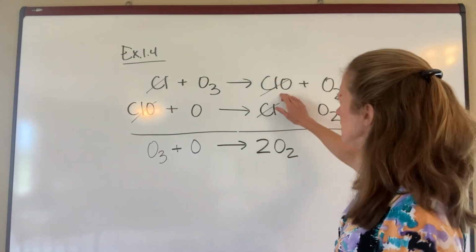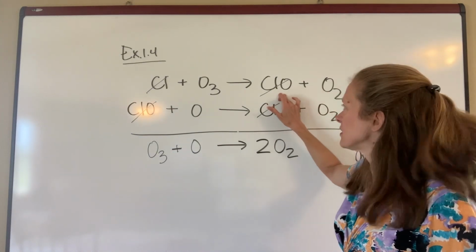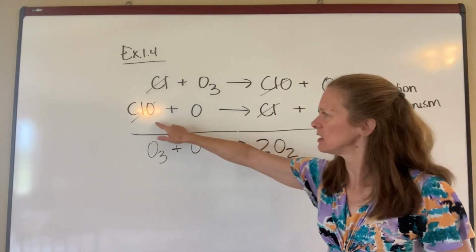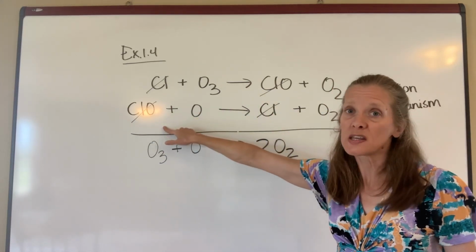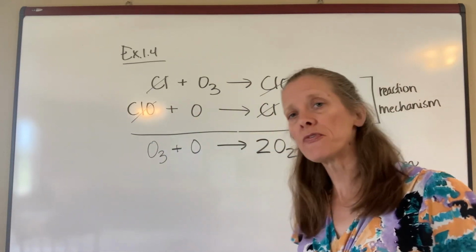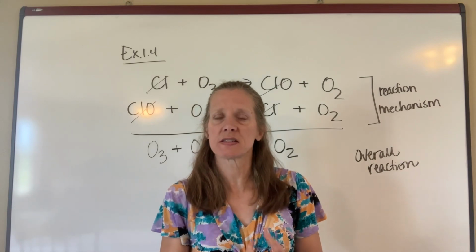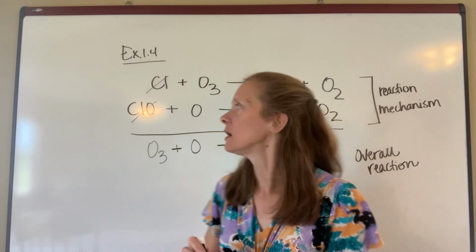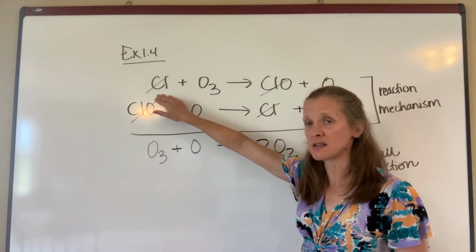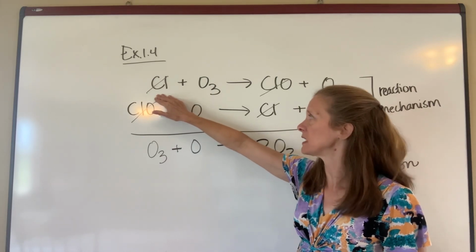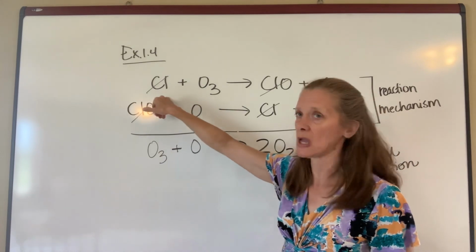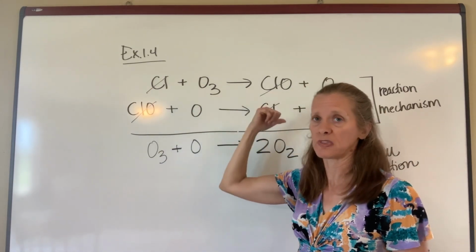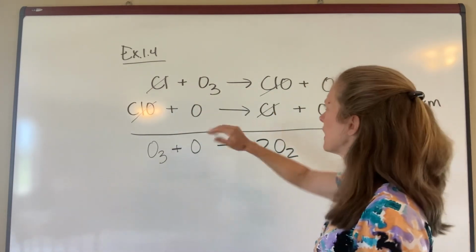Well, does that mean ClO is also a catalyst because it was produced and then it was on the other side and I canceled it out too? So is that a catalyst? What do you think? Well, if our definition of catalyst is something that's necessary to get a reaction going, the chlorine would fit into that category, because if the ozone here doesn't have anything to react with, obviously the reaction is not going to take place.